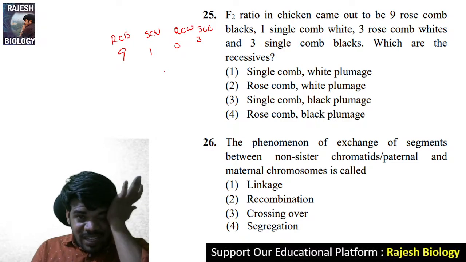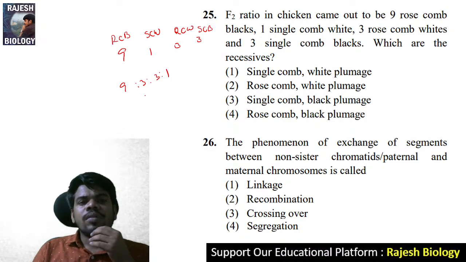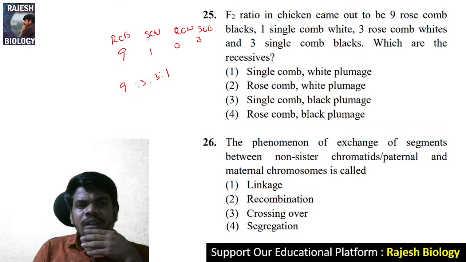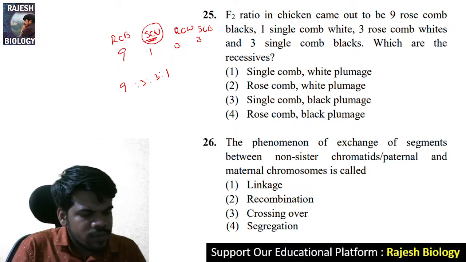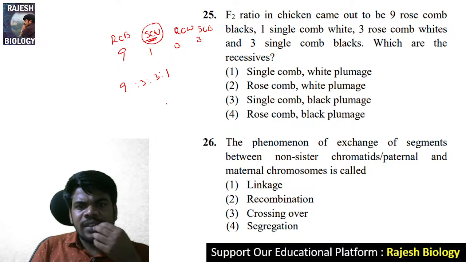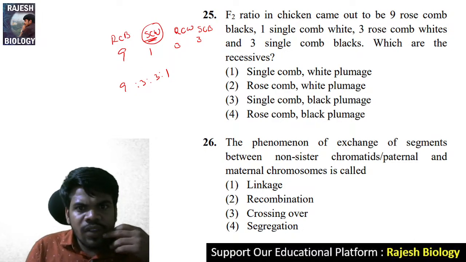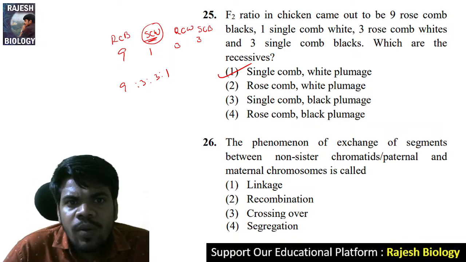Which are the recessive? 9 is to 3 is to 3 is to 1. So here single comb white is recessive. Option 1 is the right answer.